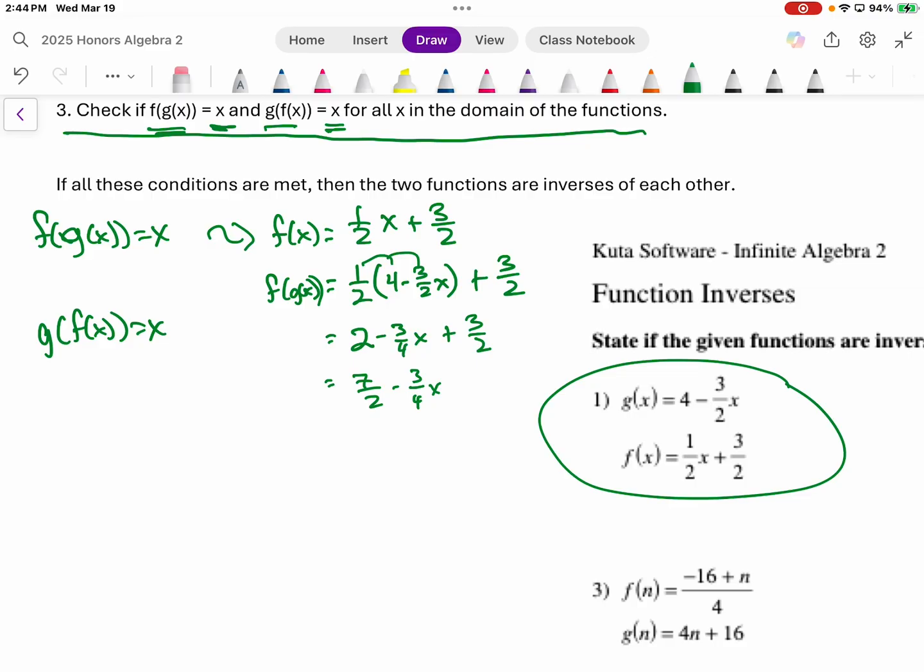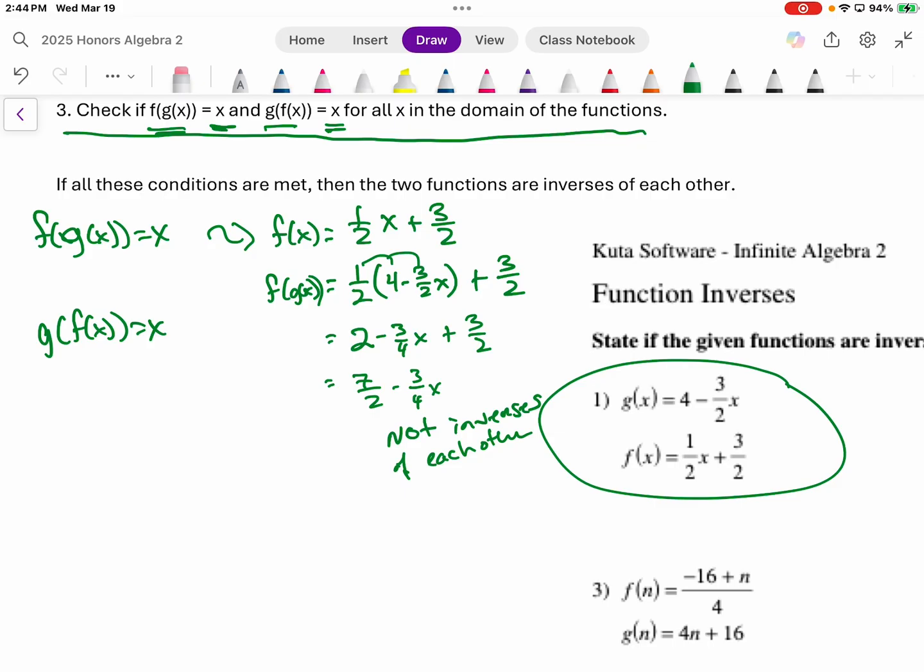And is the 7/2 going to cancel out the negative 3/4? No. So we can say these are not inverses of each other. I can go ahead and stop because I didn't get x.